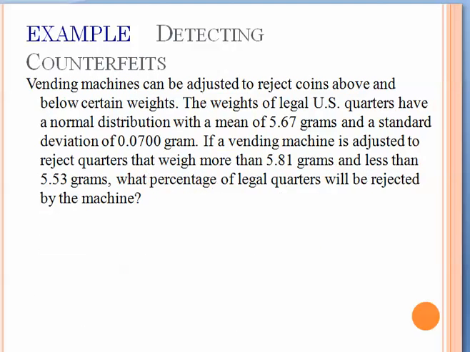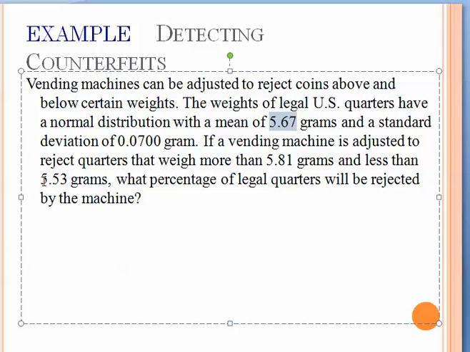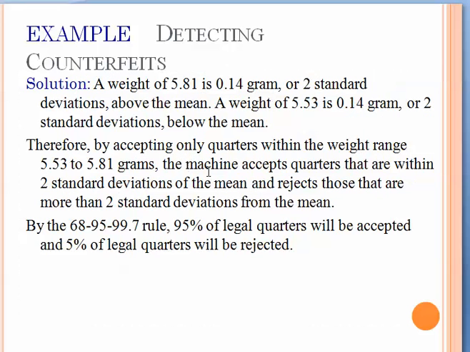If we look at the problem, it said that the mean was 5.67. So you subtract 5.81 minus 5.67 and we get 0.14, which is 2 standard deviations, because 0.14 is 2 times 0.07. And if we subtract 5.67 minus 5.53, again we get 0.14, which is 2 standard deviations below the mean in that case.